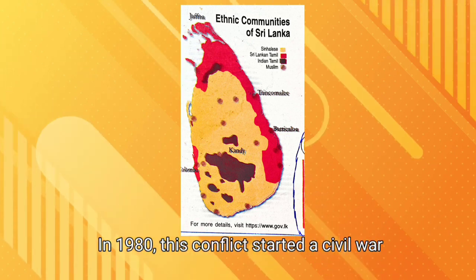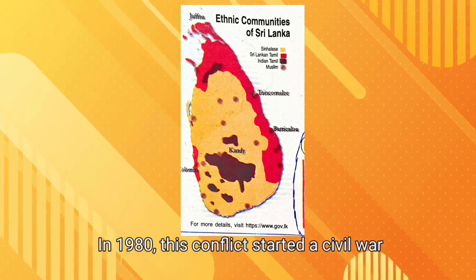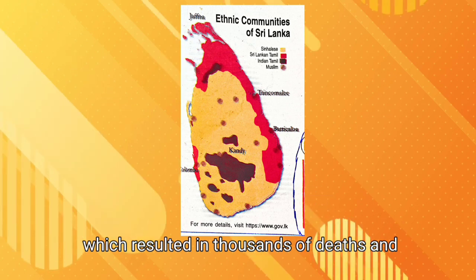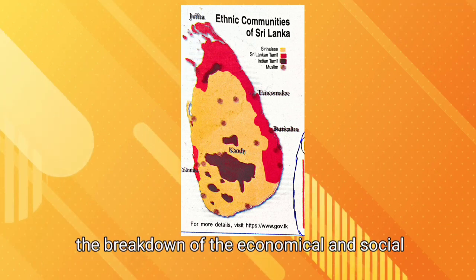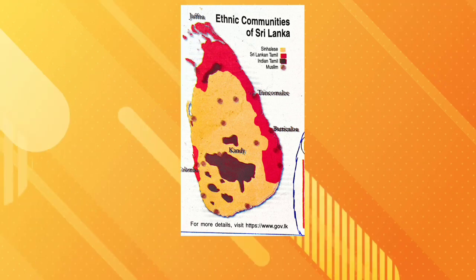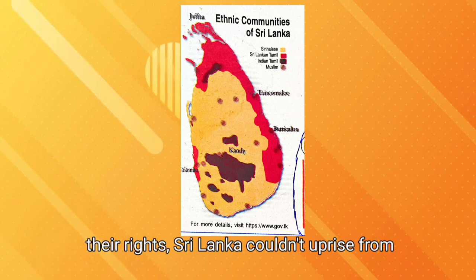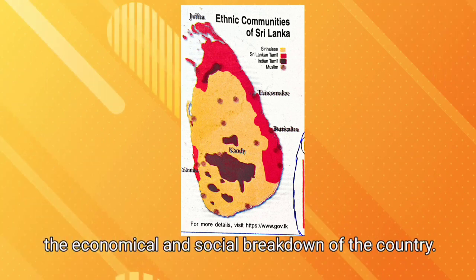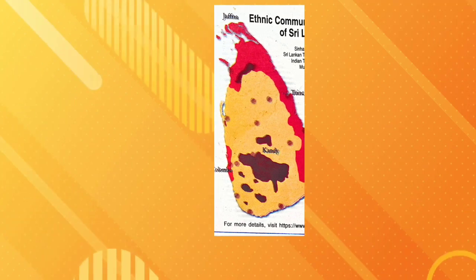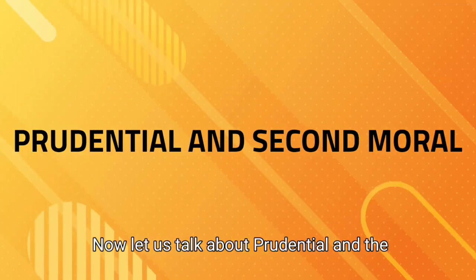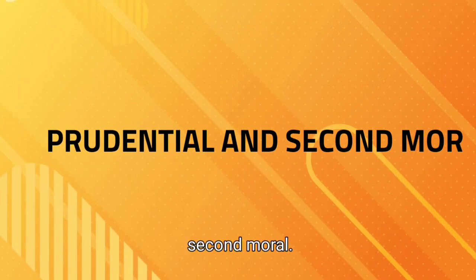In 1980, this conflict started a civil war which resulted in thousands of deaths and the breakdown of the economic and social status of Sri Lanka. Even after the Tamils got their rights, Sri Lanka couldn't recover from the economic and social breakdown of the country.